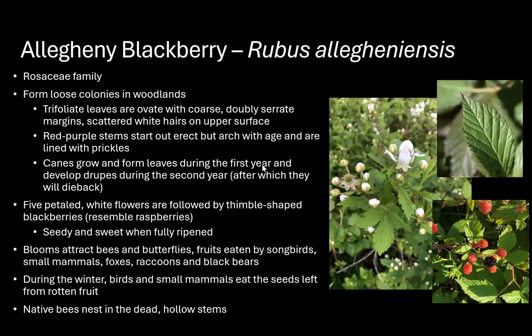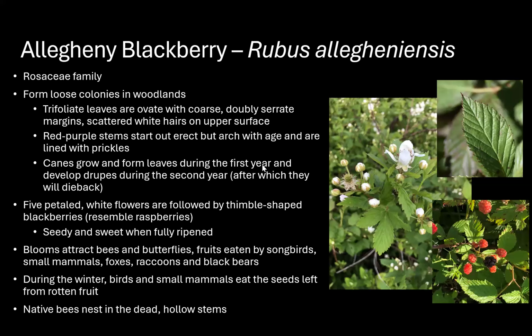So just a few other things, a little bit of other information is even if the fruit has rotten, don't remove it, because wildlife will still utilize it. They will eat the seeds as another food source. And then two, if you just have these in your woodlands, or maybe you just have some in a more wild area of your landscape, you don't have to cut back those canes like you do your typical brambles.